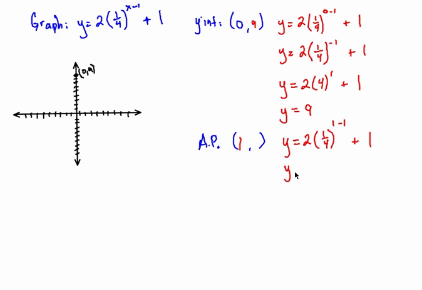So you can get y equals 2 times 1/4 to the 0. So at this point, 1/4 to the 0 power is just 1. So it's going to be 2 times 1 here, plus 1. Or you're going to just get y equals 3. Okay, so we got another point, 1, 3.